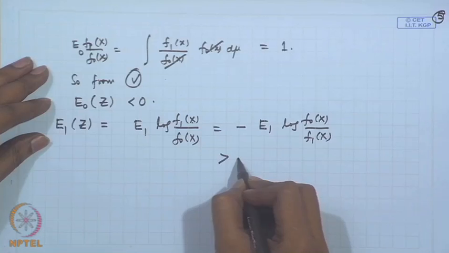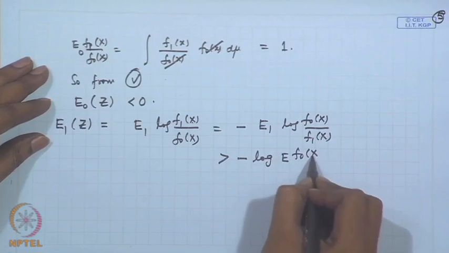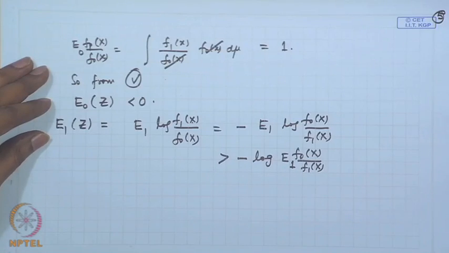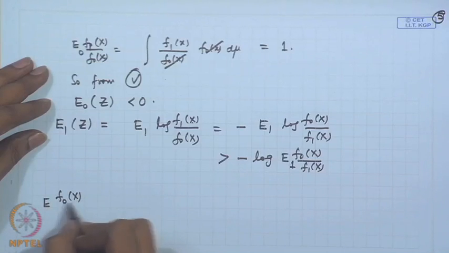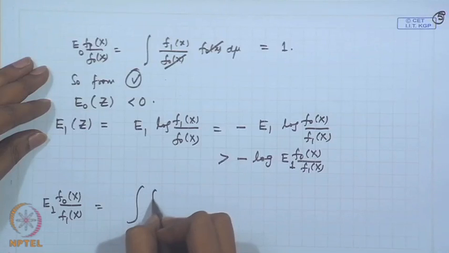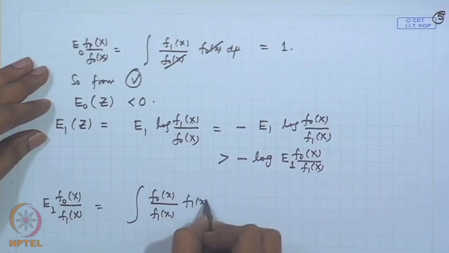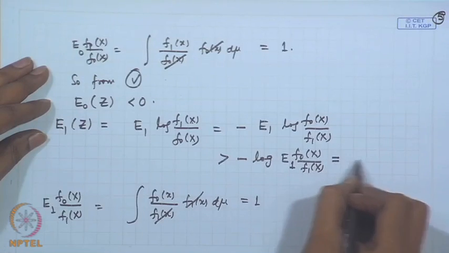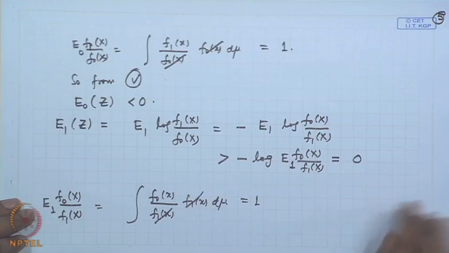So, this is greater than minus log of expectation f naught by f 1 under H 1. Once again, expectation of f naught by f 1 under H 1, that is equal to integral f naught by f 1 into f 1 d mu. So, this cancels out, this is equal to 1. So, this is actually equal to 0. So, we have proved that.